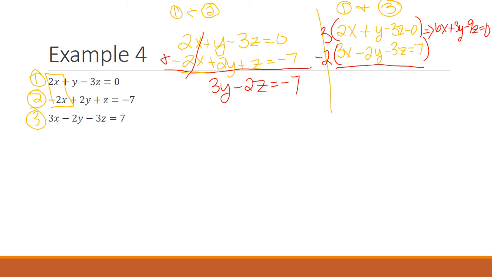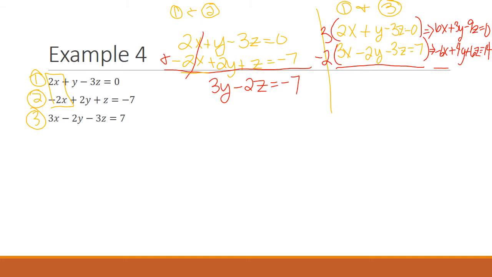And my bottom equation is going to be minus 6x plus 4y, because negative 2 times negative 2 gives me a positive. And then negative 2 times negative 3 is plus 6. And then negative 2 times 7 is minus 14.